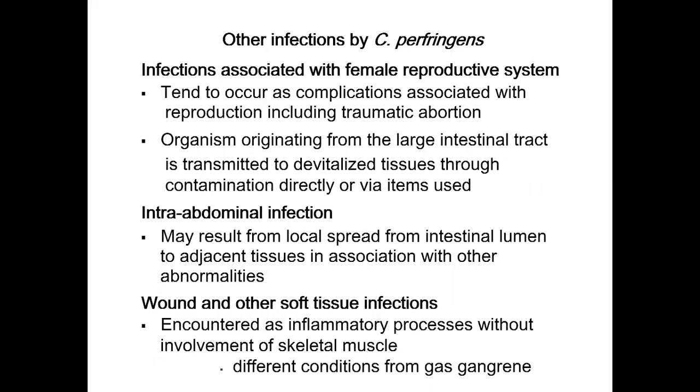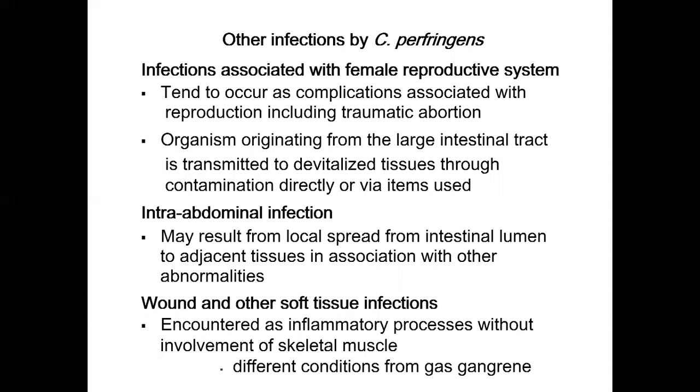So there are also other infections which we mentioned when we were making a list. Those associated with the female reproductive system can occur as complications associated with reproduction, depending on where childbirth takes place, the cleanliness of the environment, and whether the delivery is traumatic or unexpected.